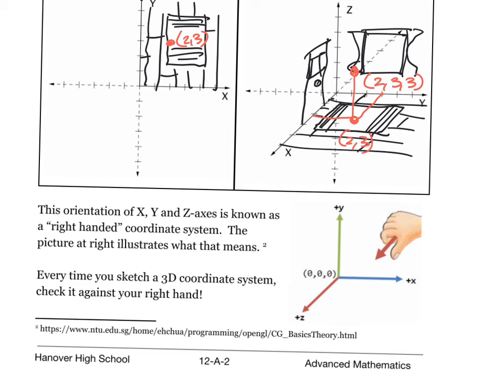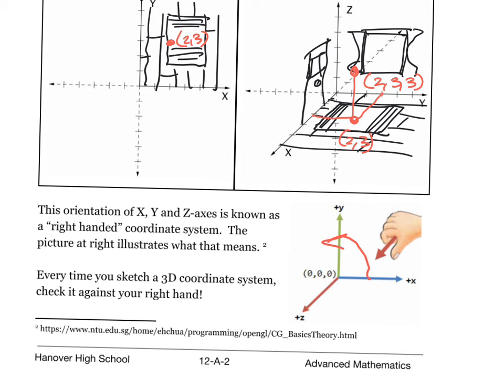Right-handed system means that if you have an x, y, and z axis system like this, and you were to see it in three-dimensional space, and you held your right hand with your fingers clenched and your thumb sticking out such that the direction that your thumb was pointing in was aligned with the z-axis, then your fingertips, as you curl them into a fist, would be curling in this direction.